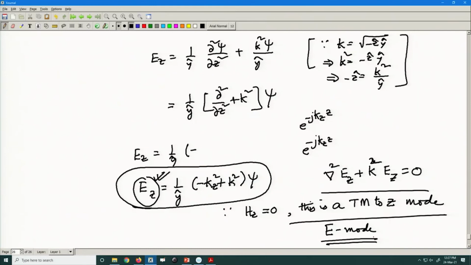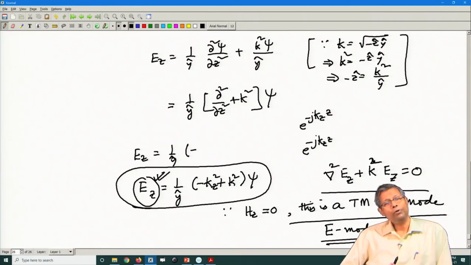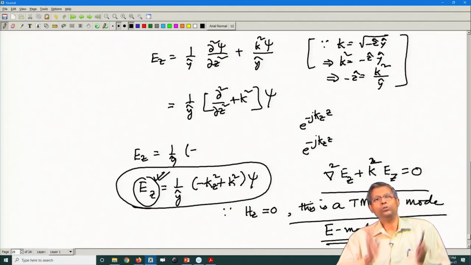Other than this, when we apply this to a guided structure, we first of all try to find out whether, for the given boundary condition of the problem in a source free case, the fields given by the TM to Z or the TE to Z satisfy the boundary conditions of the problem. We will see that in the rectangular waveguide, for instance, the TM to Z modes and the TE to Z modes form valid mode sets. What do we understand by valid mode sets? That they satisfy the boundary conditions of the rectangular waveguide.